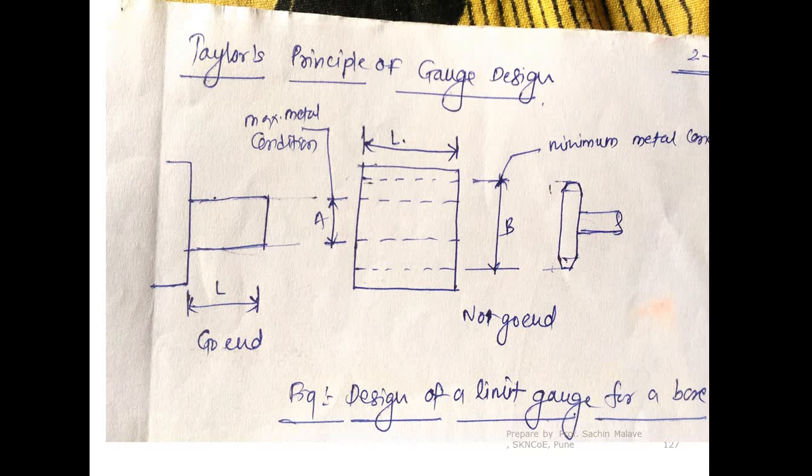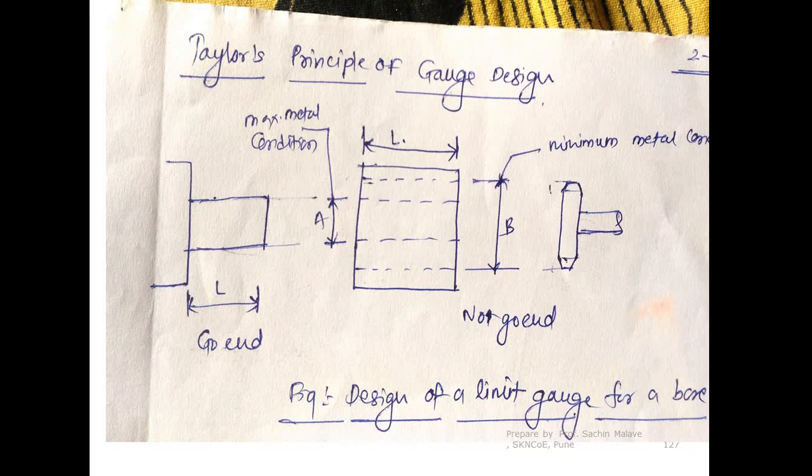The go end of the gauge must completely cover the surface to be tested, therefore the length of the go end should be minimum equal to the length of the hole or shaft to be tested, whereas the no go end should be made in the form of two sharp points instead of cylindrical shape. These are the statements of Taylor's principle.